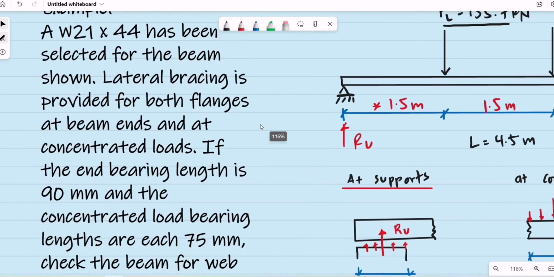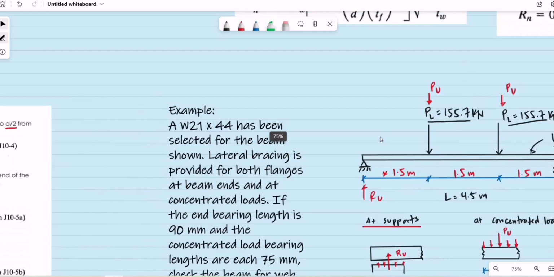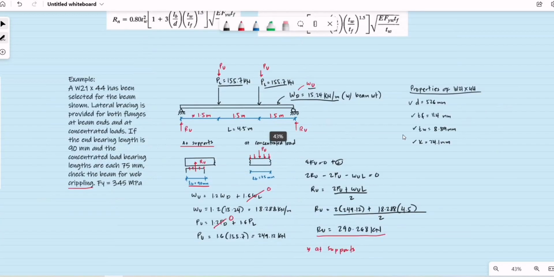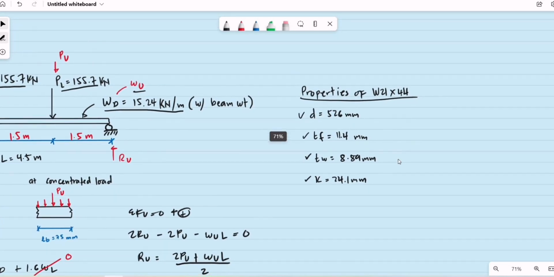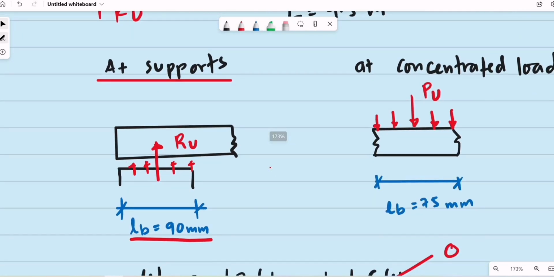So what is our section, or the wide flange to be used? That is W21 by 44. We list down the properties of W21 by 44, and its total depth is equal to 526. So obviously, this R sub U is acting at a distance less than the d over 2 of our section.